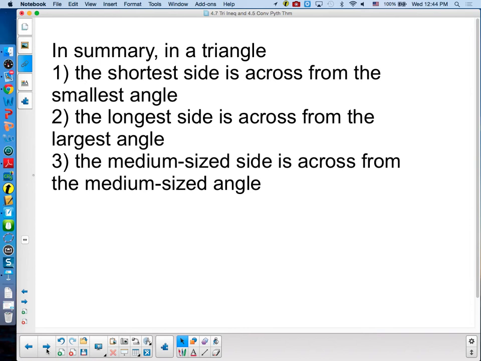Tell me which angle is the largest. Use your angle symbols.